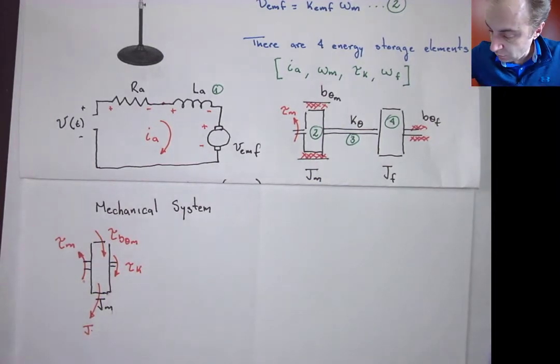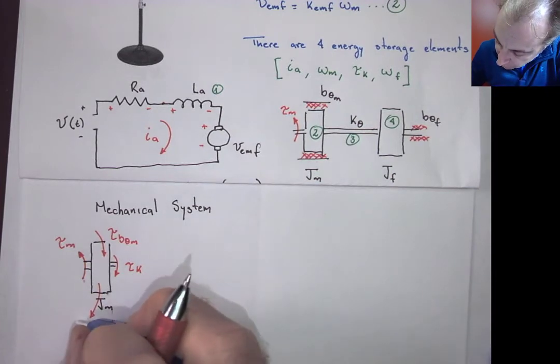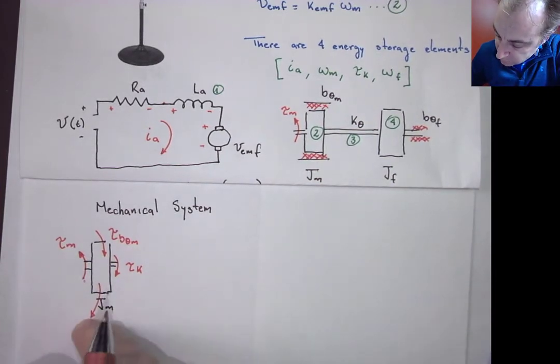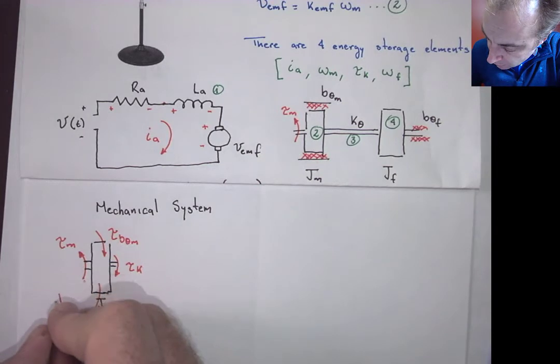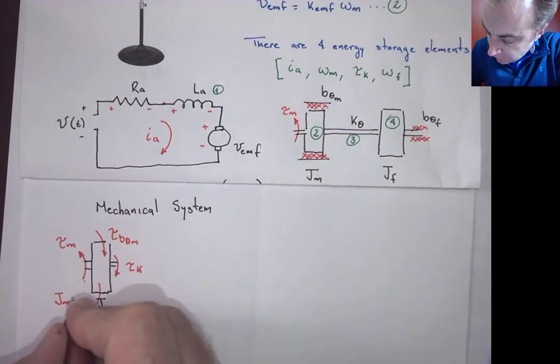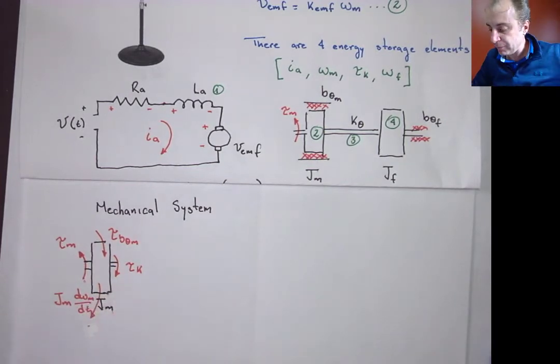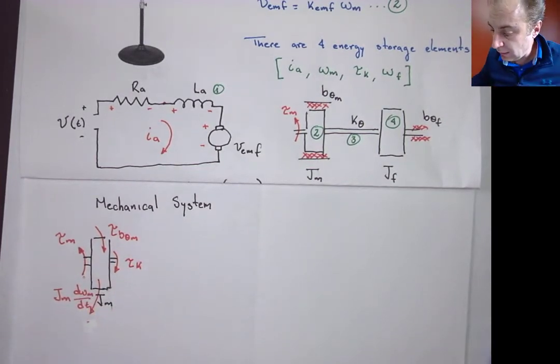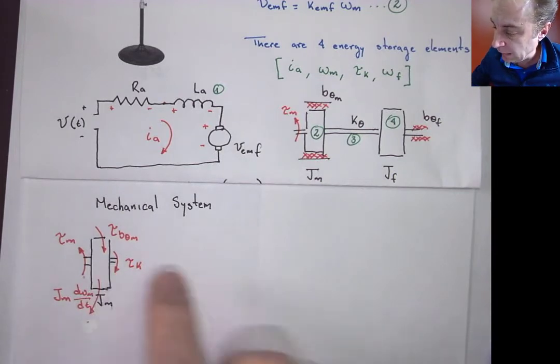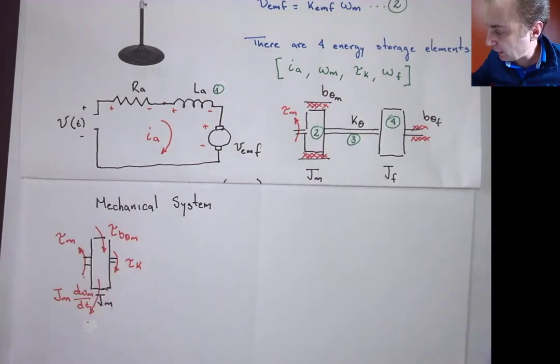Let me just do it on the side, otherwise I won't have space to do all of them. So this is going to be Jm times the time derivative of omega m with respect to time. And again, we consider that the system was at rest.